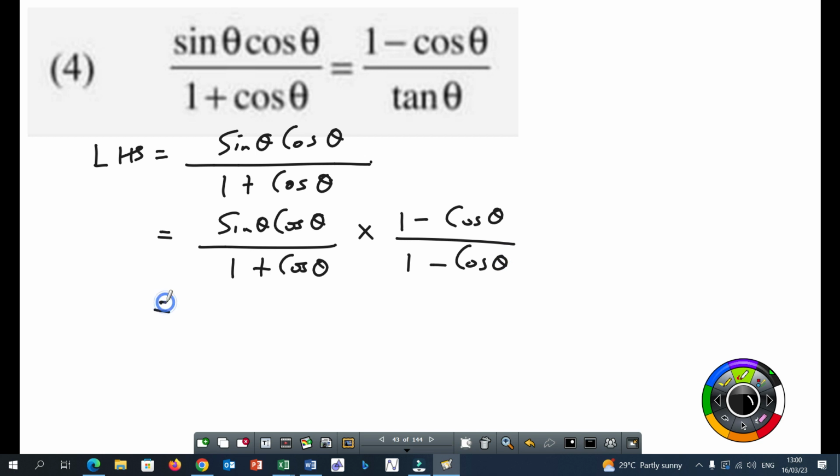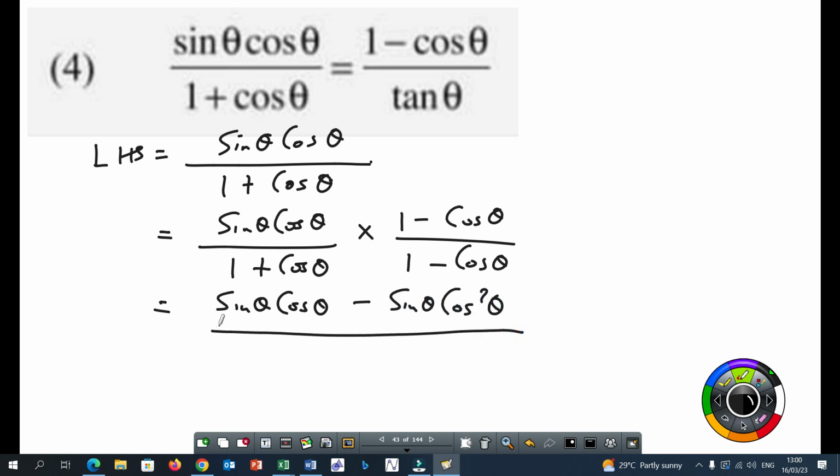Remember this fraction is equal to 1. We get sine theta times cos theta minus sine theta times cos squared theta, all over 1 minus cos squared theta.